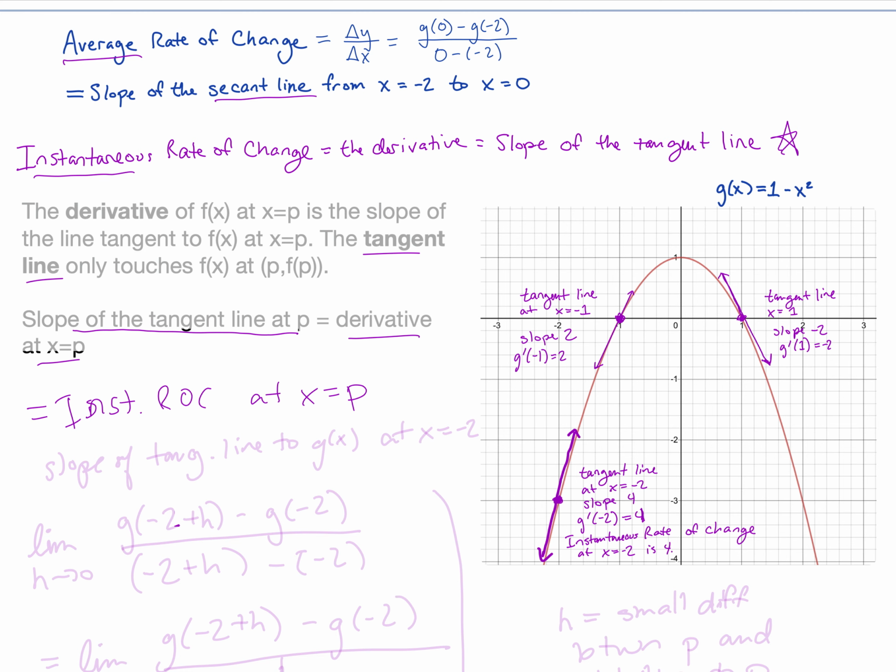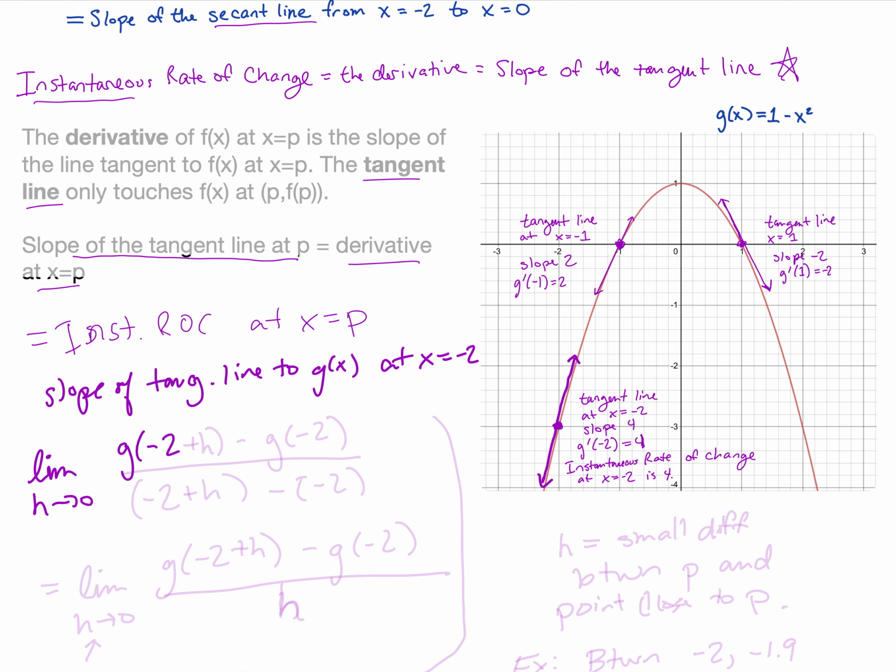So, if we say, what's the slope of the tangent line to g of x, our function that we've been working with? g of x is 1 minus x squared at x equals negative 2, the example we've been looking at. We would say that this is the limit as h goes to 0 of g of negative 2 plus h minus g of negative 2 divided by negative 2 plus h minus negative 2.